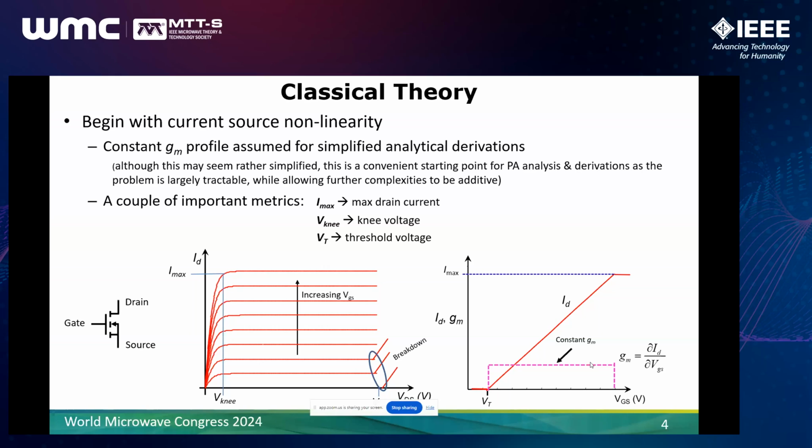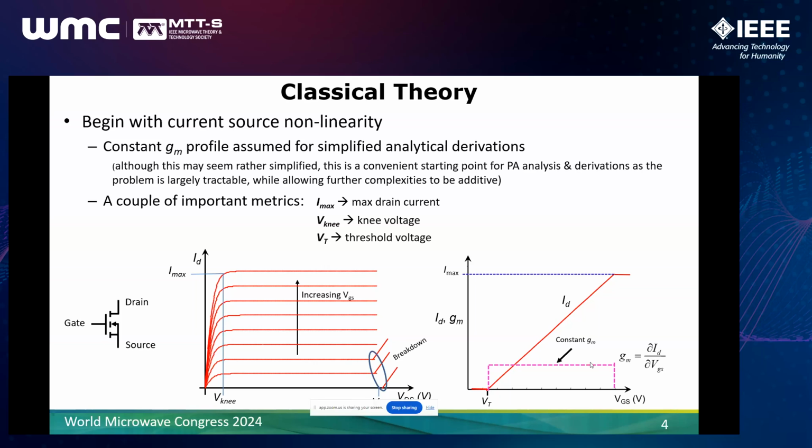And even though this may be somewhat simplified, it's a very convenient starting point for PA analysis and derivations, and the derivation problem is largely tractable. We can do this simply with some algebra without resorting to nonlinear models. And it gives us a lot of insight into the device operation.